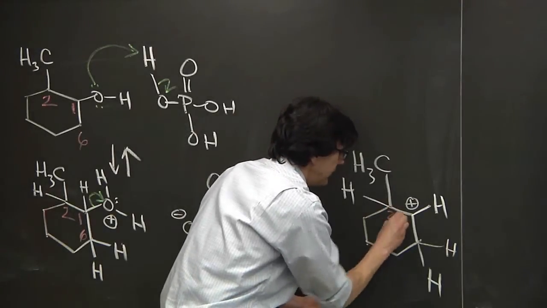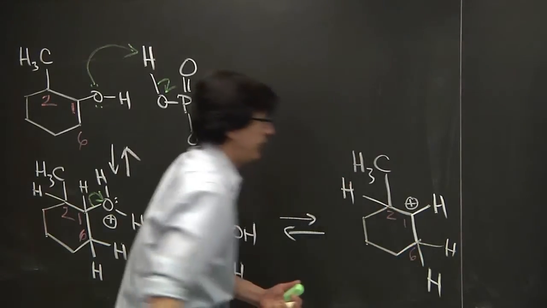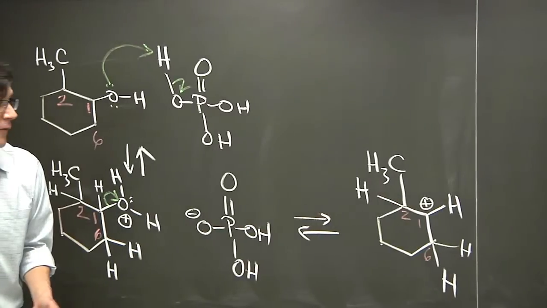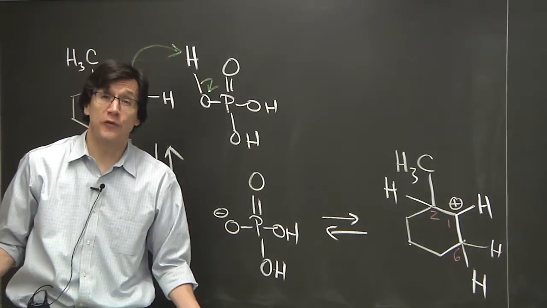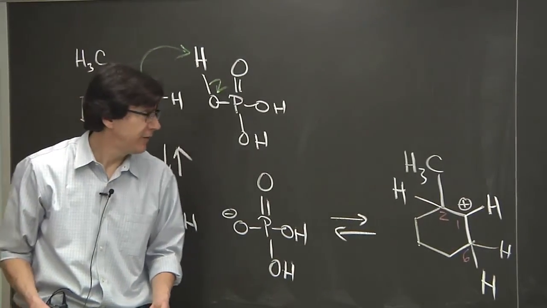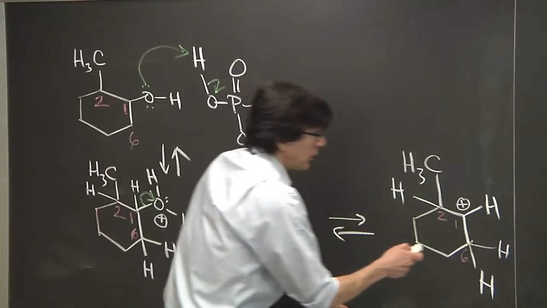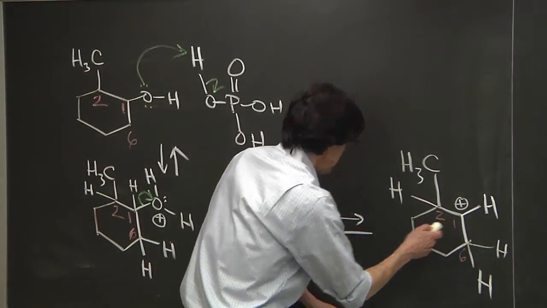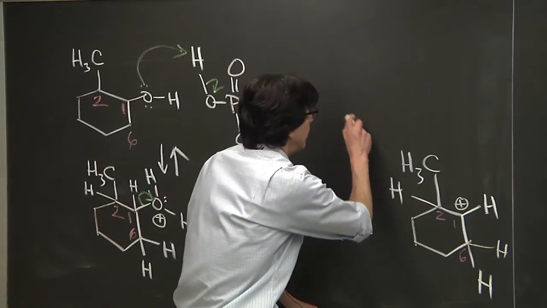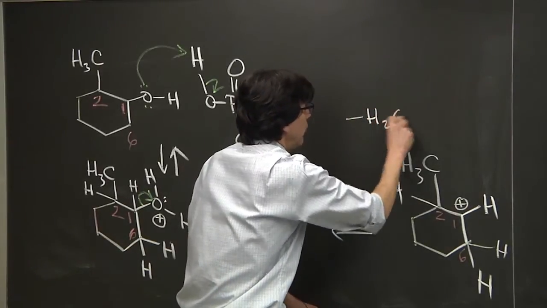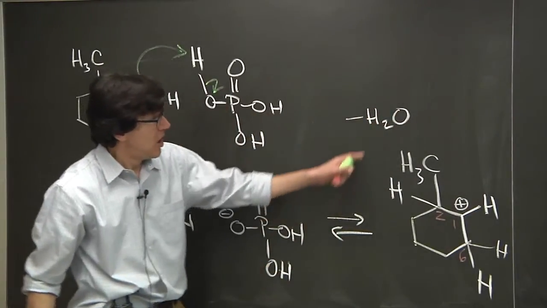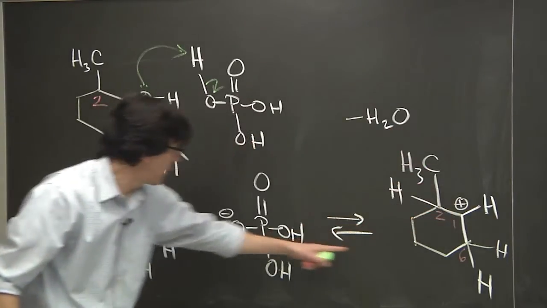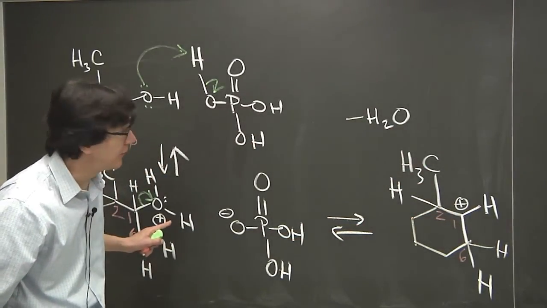So there's carbon 2, there's carbon 6. Now if we think about the elimination fate of carbocations, we're pretty close to where we need to be. We've also lost a molecule of water here. If water adds back to this carbocation, we're going to go back where we started from.